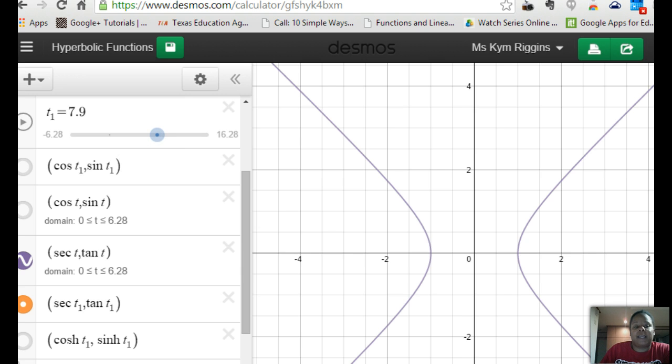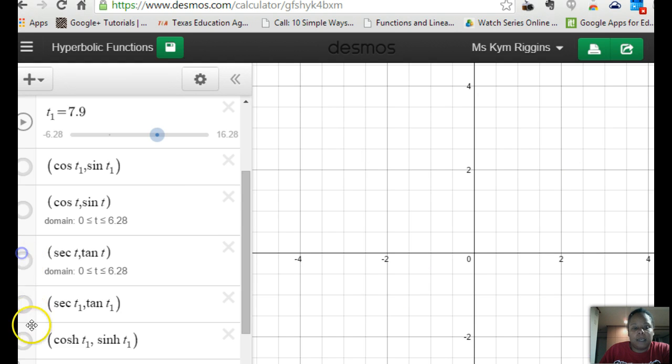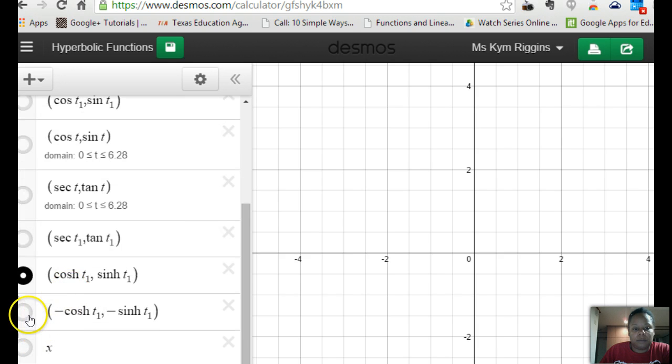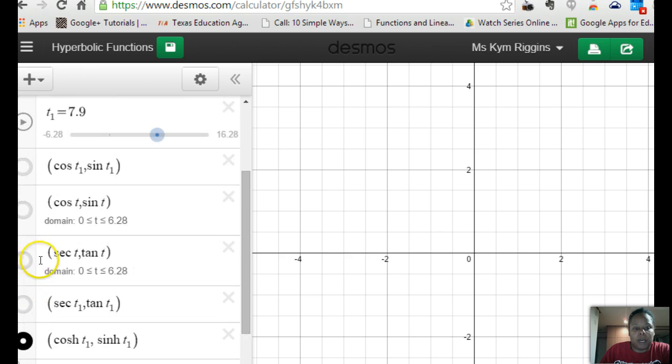But there is another way that I can define this hyperbola parametrically, and it doesn't involve secant and tangent, but what it does involve is cosh and sinh. Okay, so if I define cosh and sinh, and then I go over here, as you can see, it looks like it's making a branch of a hyperbola.